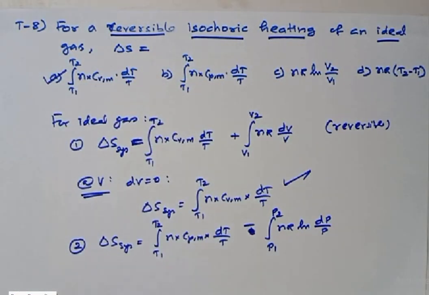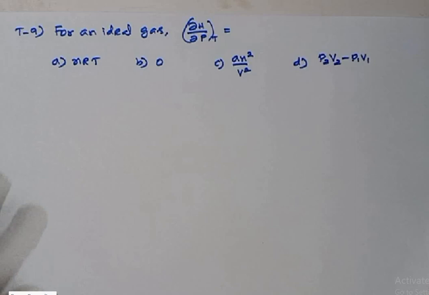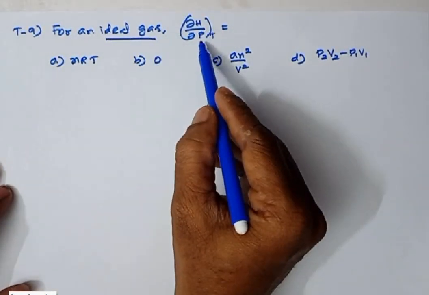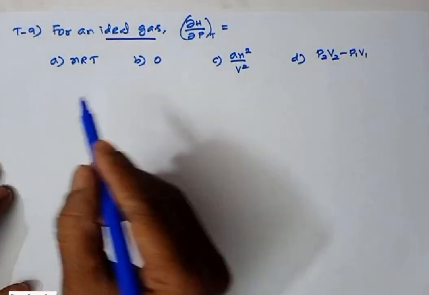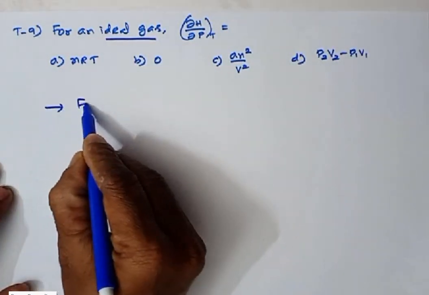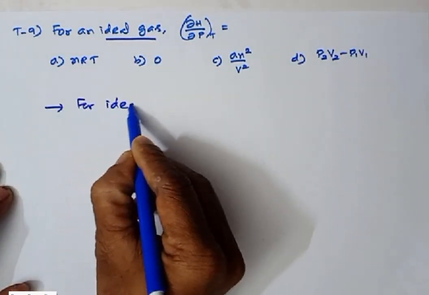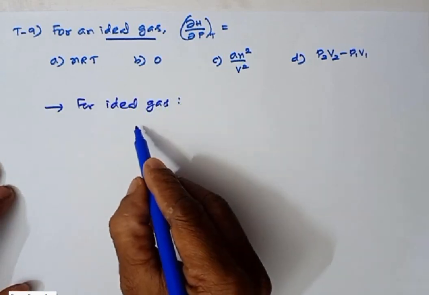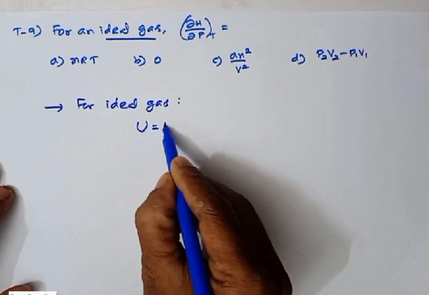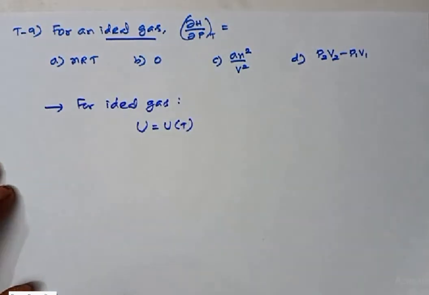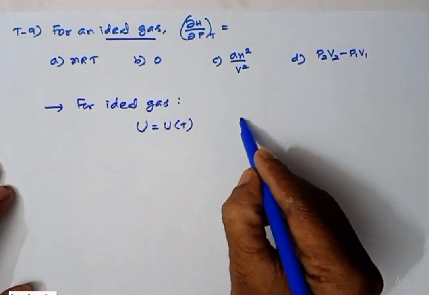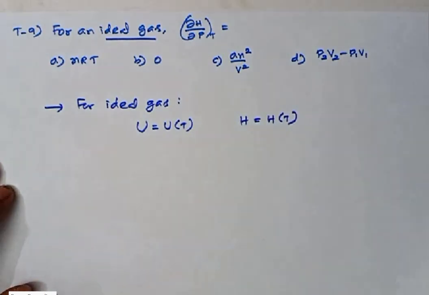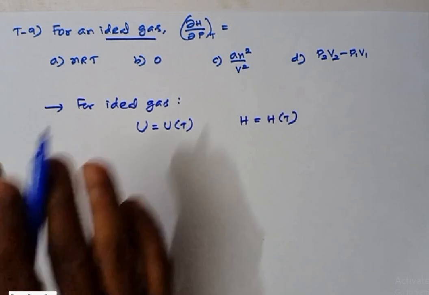Take down. For this, it is given clearly ideal gas, and they are asking dou H by dou P at constant temperature. You know very well, for ideal gas, internal energy is a function of temperature only, I have told you. Similarly, enthalpy is also a function of temperature only for ideal gas.